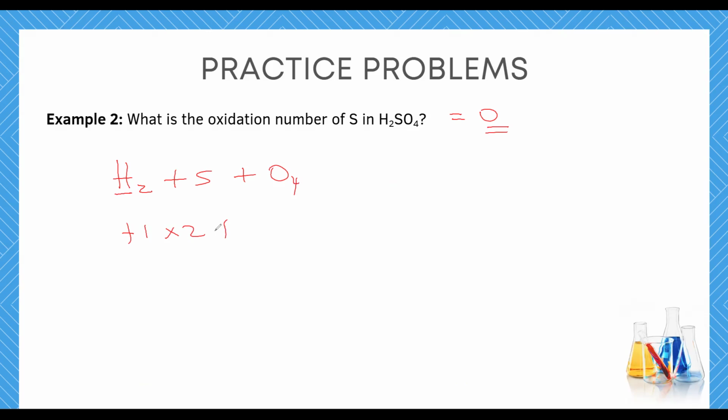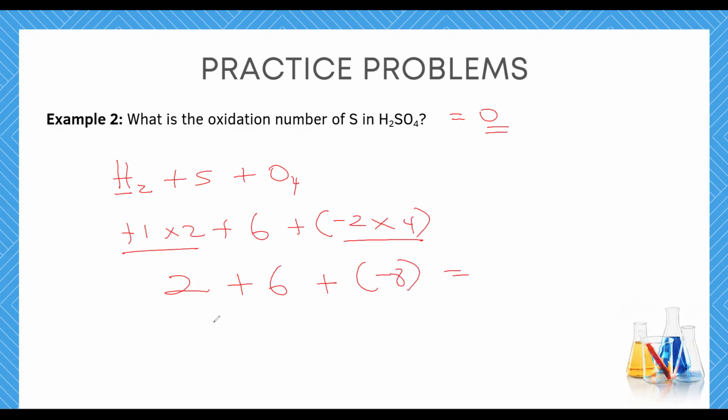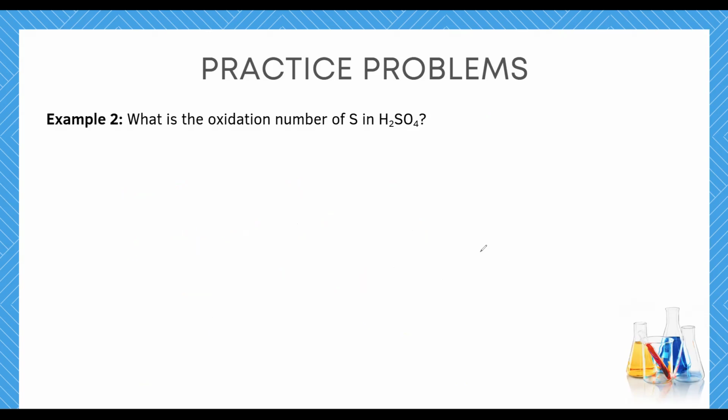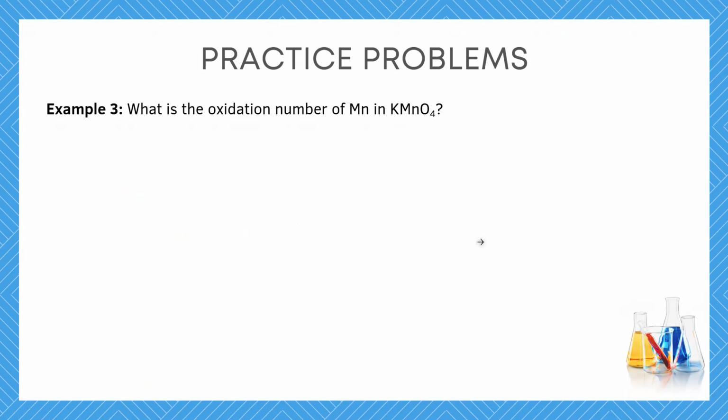The next is sulfur, which we have calculated to be +6. And then the next one is oxygen, which is -2 times 4. So let's see what we're going to get. 1 times 2 gives us 2 plus 6 plus -2 times 4 gives us -8. So let's add everything together. This gives us 8 minus 8. That gives us 0. So you can see our answer is correct.